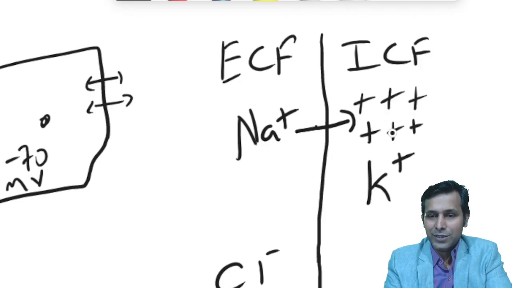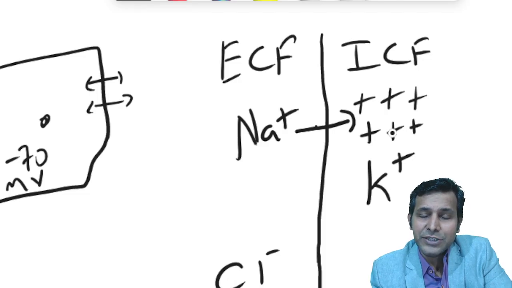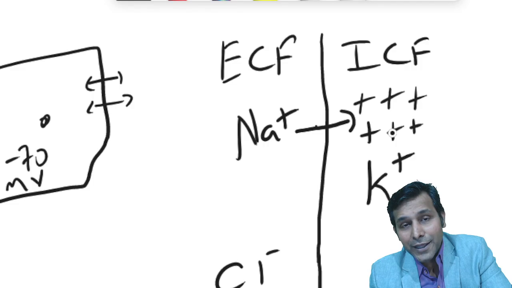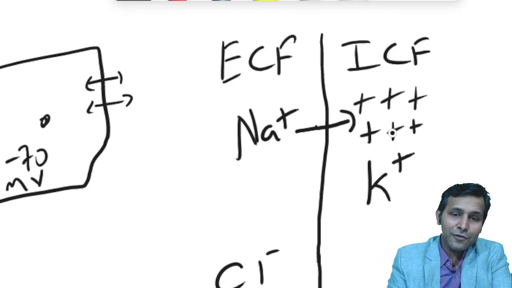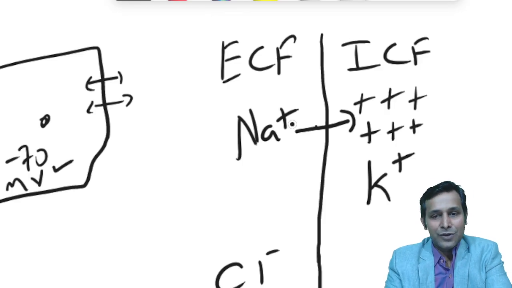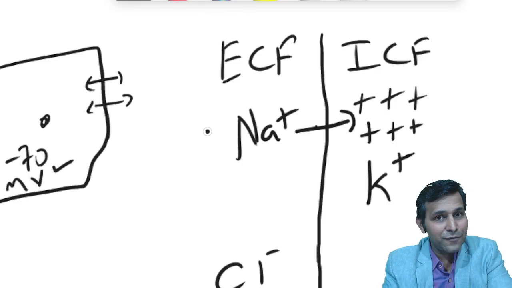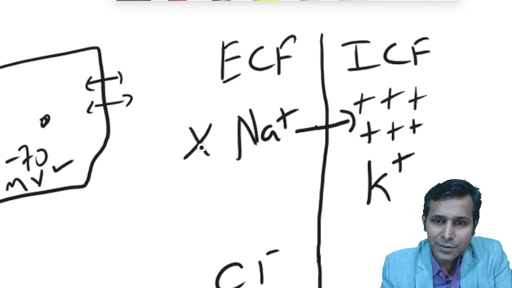So the question is, can the sodium ion concentration gradient be fully responsible for RMP generation? No, we want negative voltage and sodium ion movement is giving us positive voltage.